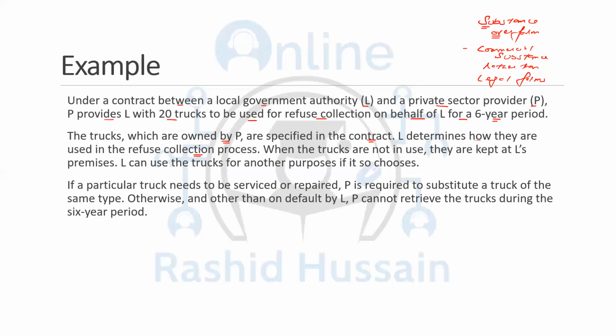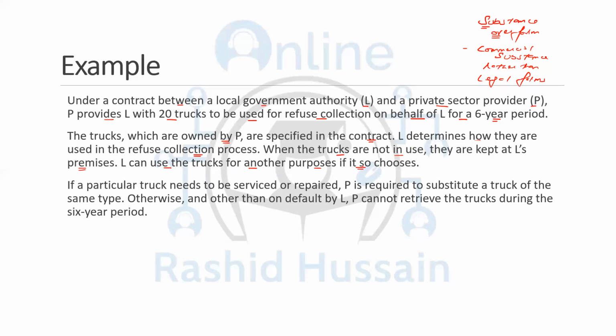Now the lessee, L, is deciding how to use the trucks. When the trucks are not in use, they are kept at L's premises. Even when they are not using them, they are still holding those trucks. L can use the trucks for other purposes if it chooses.